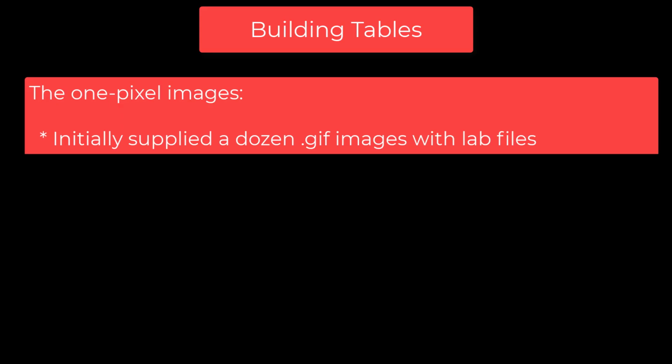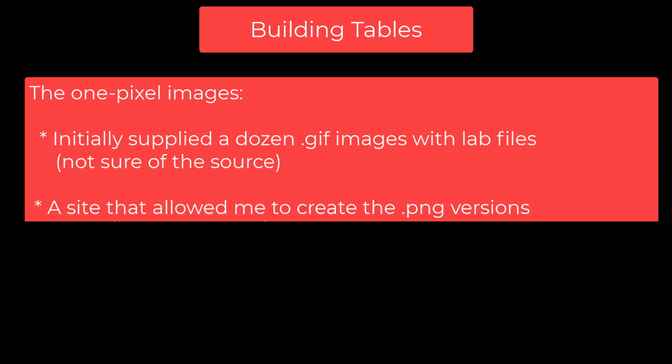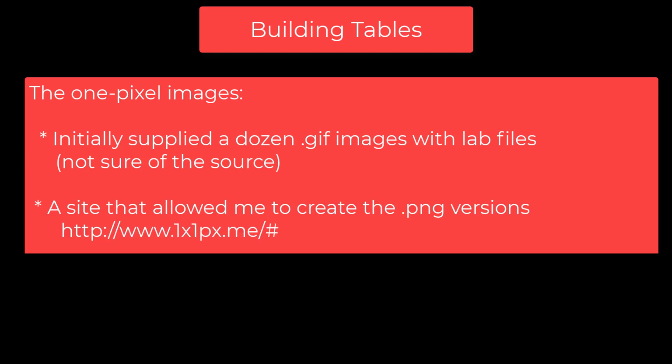A note on the 1-pixel color images. I initially supplied a dozen of the GIF format colors in the My Web Files directory, and I don't recall where or when I first got them. Today, I found a site that allows me to create the PNG format images. http://www.1x1px.me/# And I used this site to download the PNG version of the GIF colors already supplied.